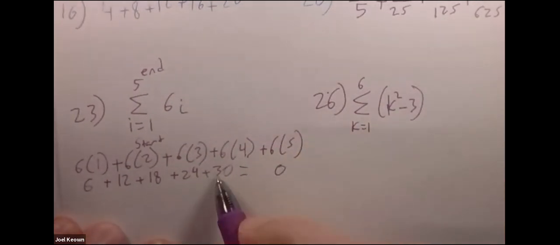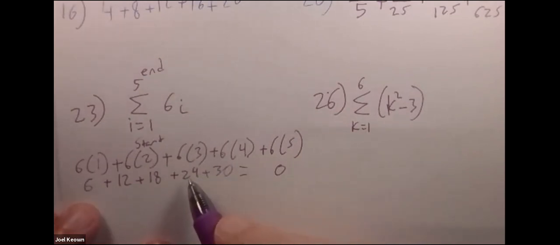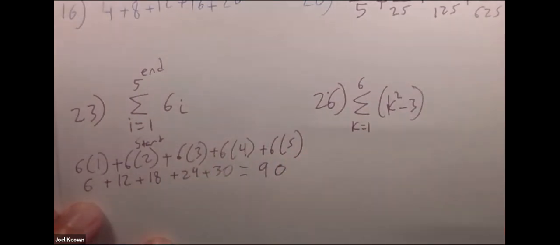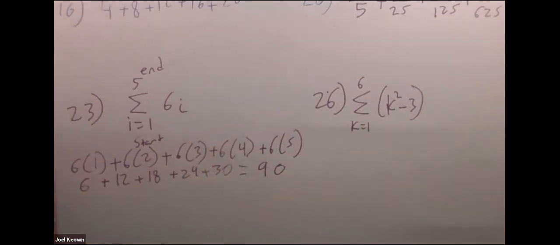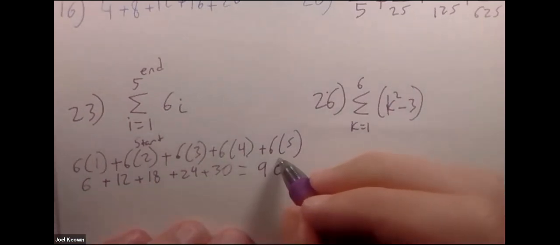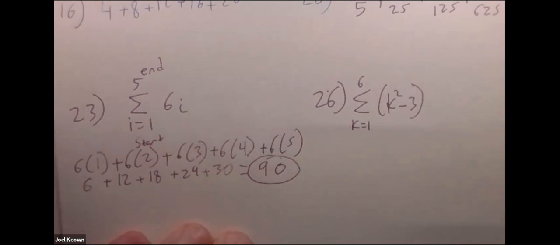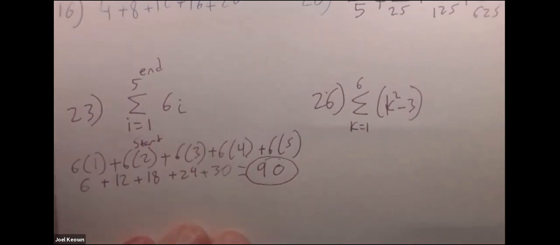Those two 10s are 20, plus 30 is 50, 60, 70, 80, 90. So if I add them together, I get 90. I added those in my head, so it's fairly likely that I made a mistake there. If you want to plug them in the calculator and check my work, you can. Okay, so that's how I do that.